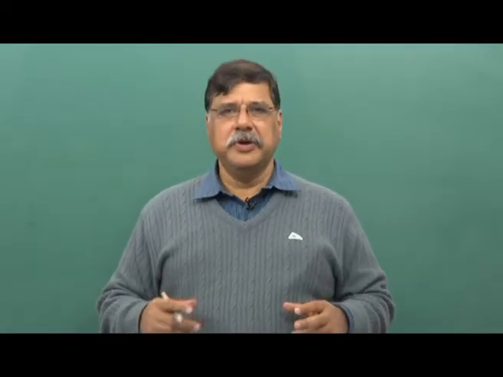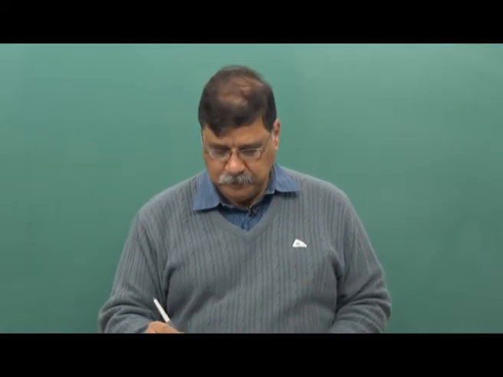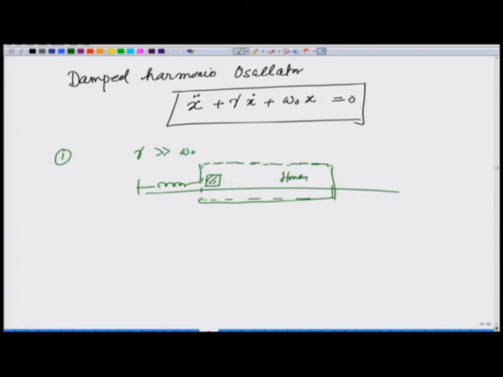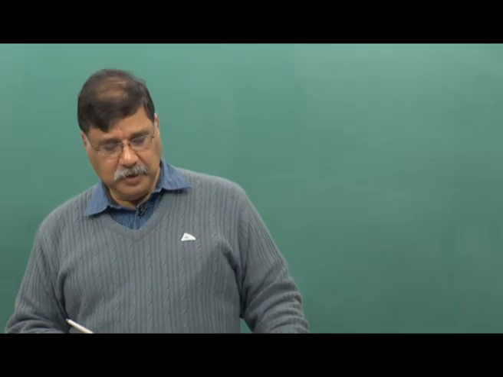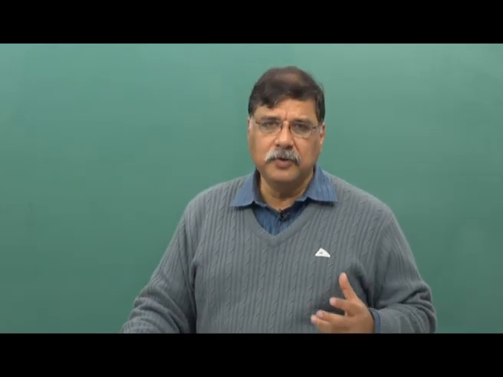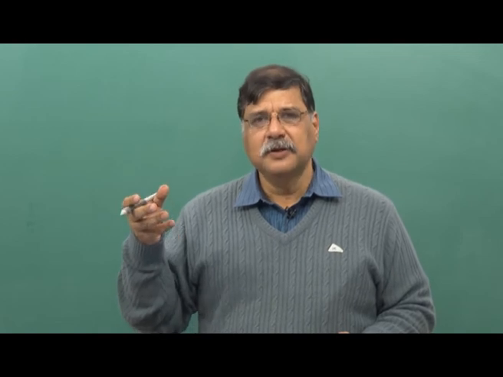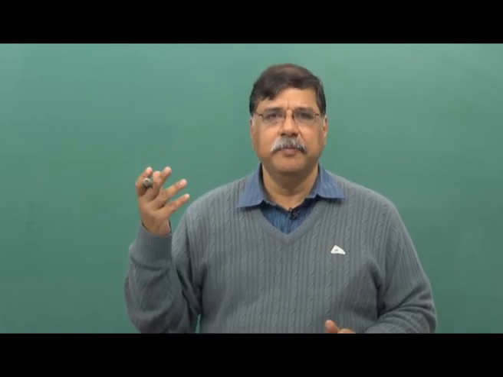For example, I could take a simple harmonic oscillating system with some frequency and put the mass in a very thick liquid, maybe like glycerine or honey, then it will be highly damped, and you can feel that if I leave it, all that is going to happen is slowly it will come to equilibrium.